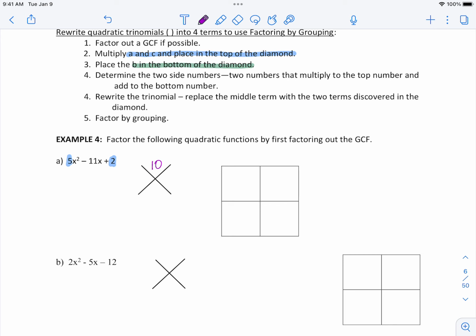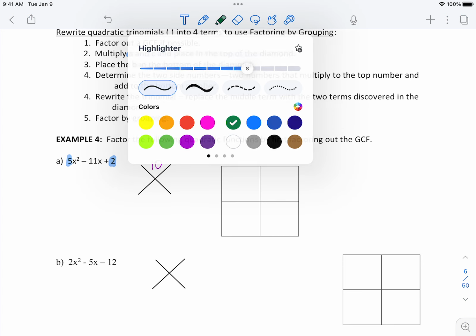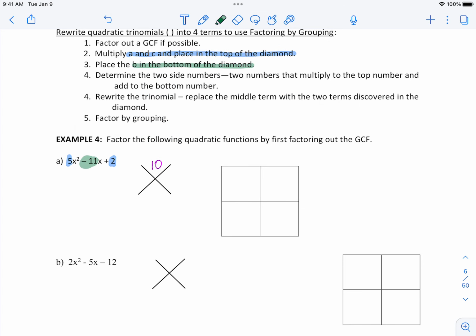Then I'm going to place my b in the bottom of the diamond, and that's -11. And then I need to find numbers that multiply to 10 that add up to -11. So this is going to be -10 and -1.